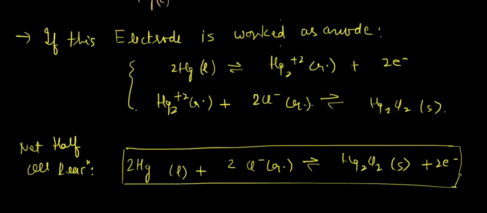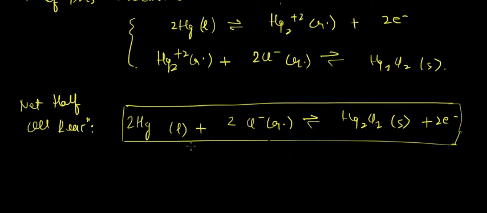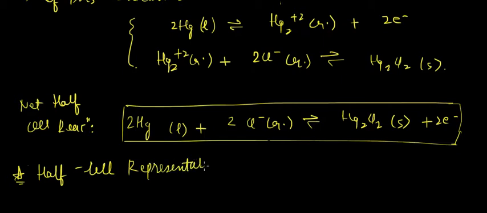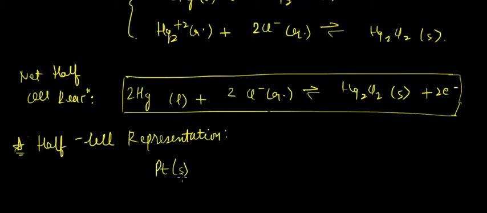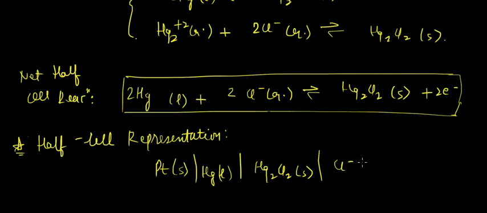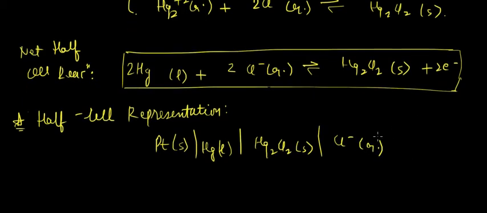Okay, so talking about the half cell representation, we can have Pt(s) on which the reaction is taking place, then we have Hg(l), and then we have Hg2Cl2 in solid phase and Cl- in aqueous phase.